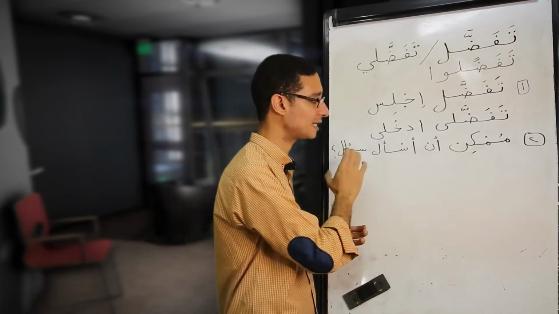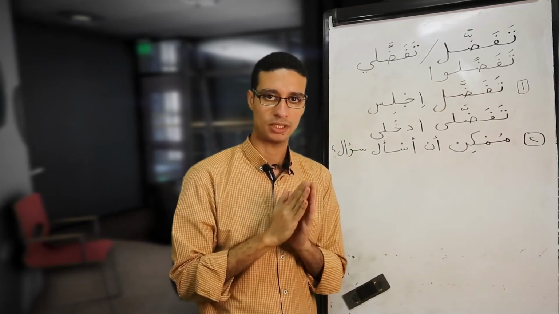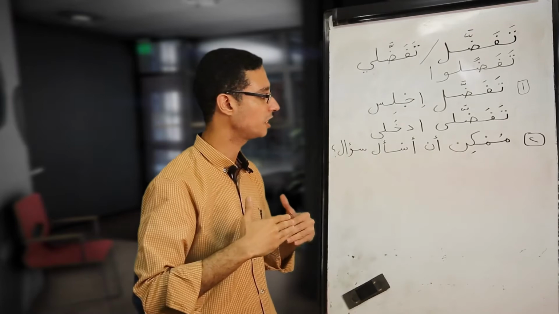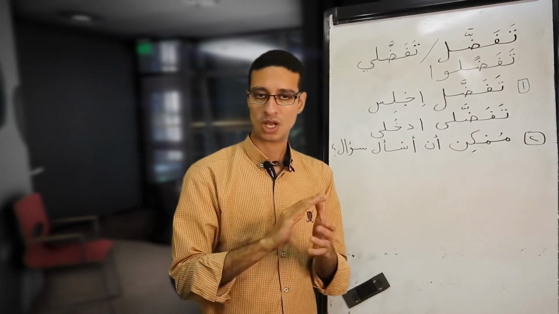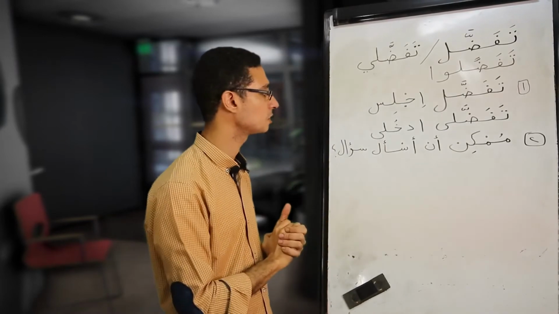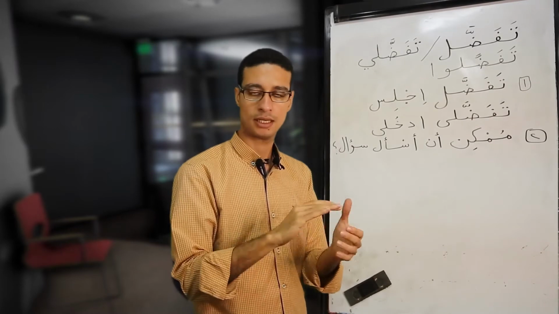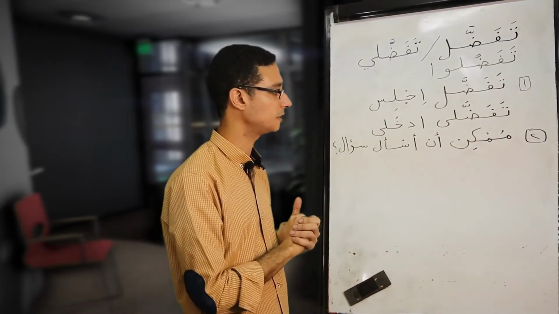So you can answer تفضل أو تفضلي if she is a woman. Here you're expressing your approval, you're giving permission to the person to go on. So please go on, please ask me, it's tafaddal أو تفضلي.